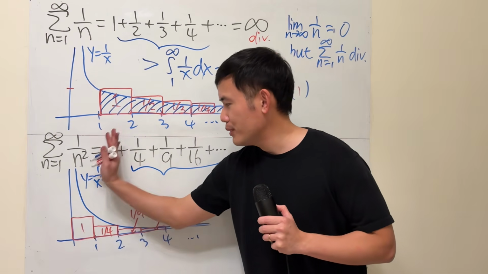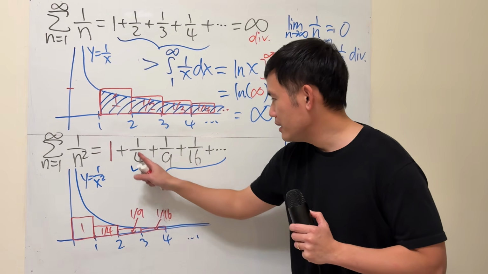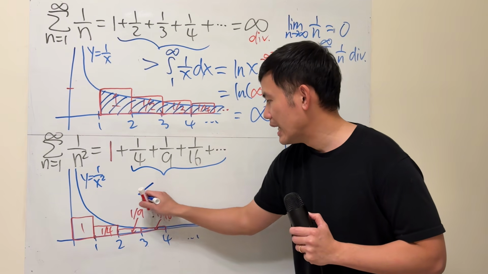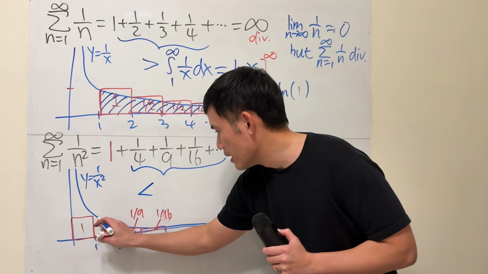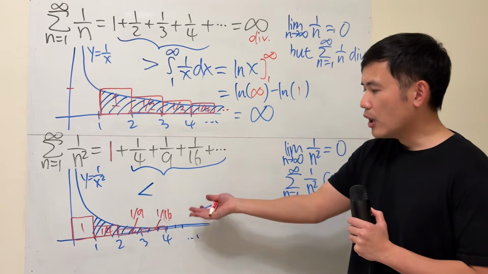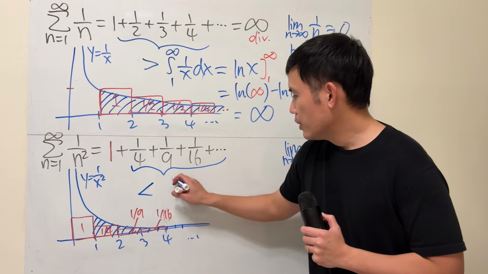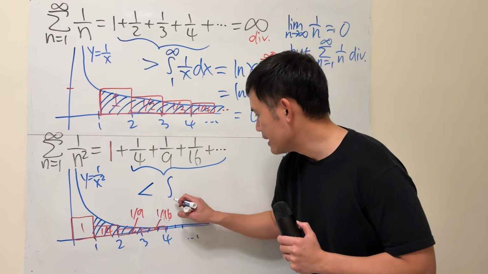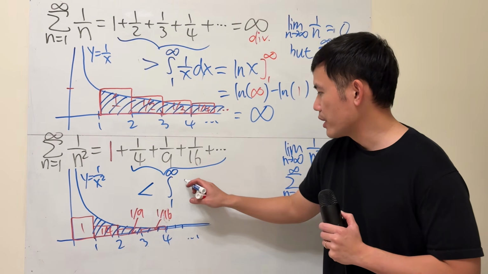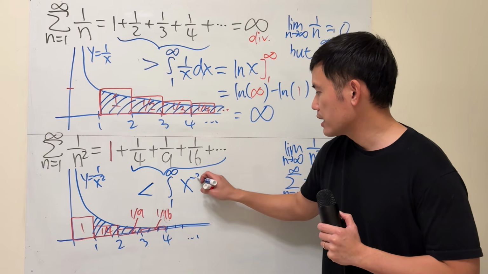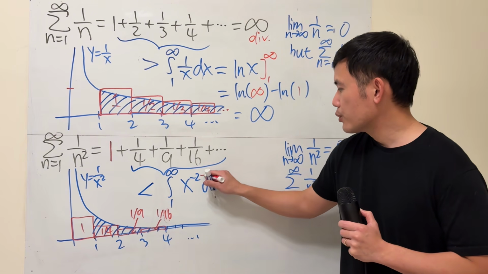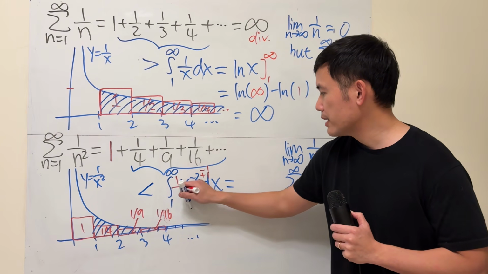Okay, these right here, 1 and 1, same thing. Okay, fair comparison. I want to compare these, and you can see that these right here are going to be less than the blue area that I'm shading right now. And how much is the blue area? You have to integrate it from 1 to infinity, and we have 1 over x squared, which is the same as x to the negative 2. Let's compute it real quick. Add 1 to the power, which is negative 1, divided by the new power.